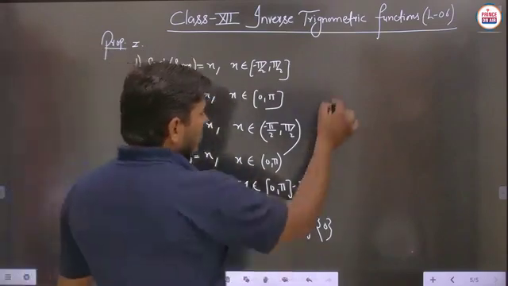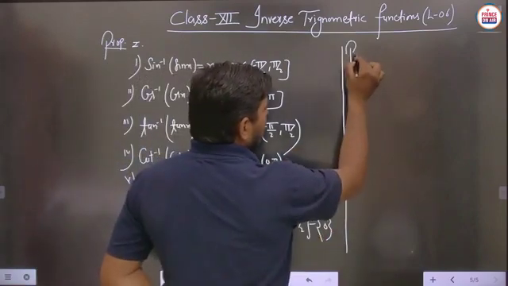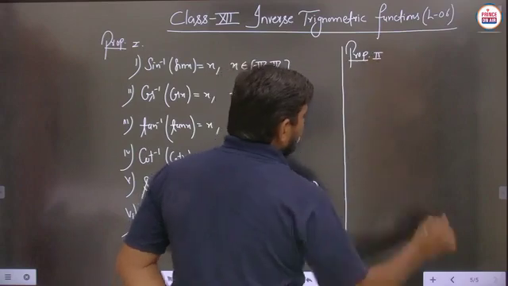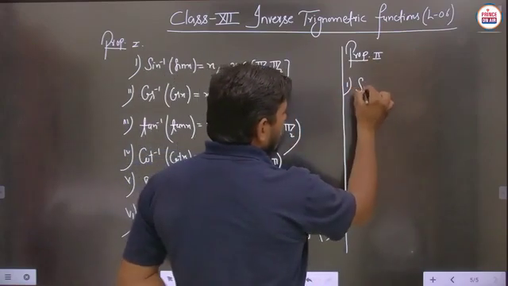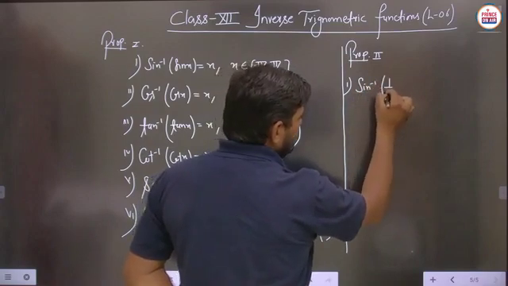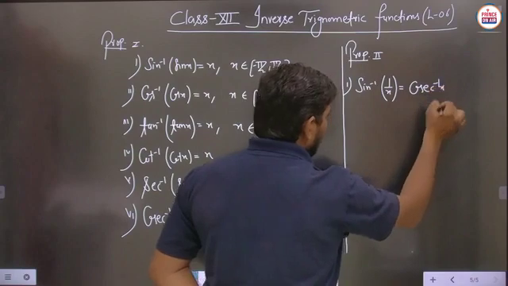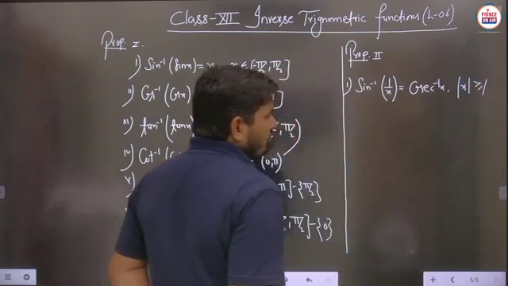Now today students, we are going to discuss the second property. In the very basic first part of this second property, sin inverse of 1 by x is written as cosec inverse x, where modulus x is greater than or equal to 1.